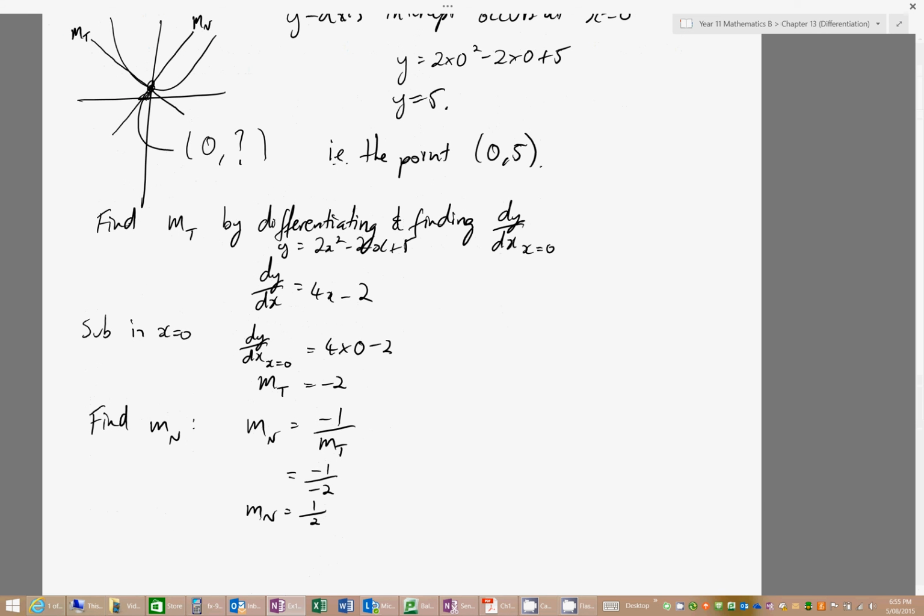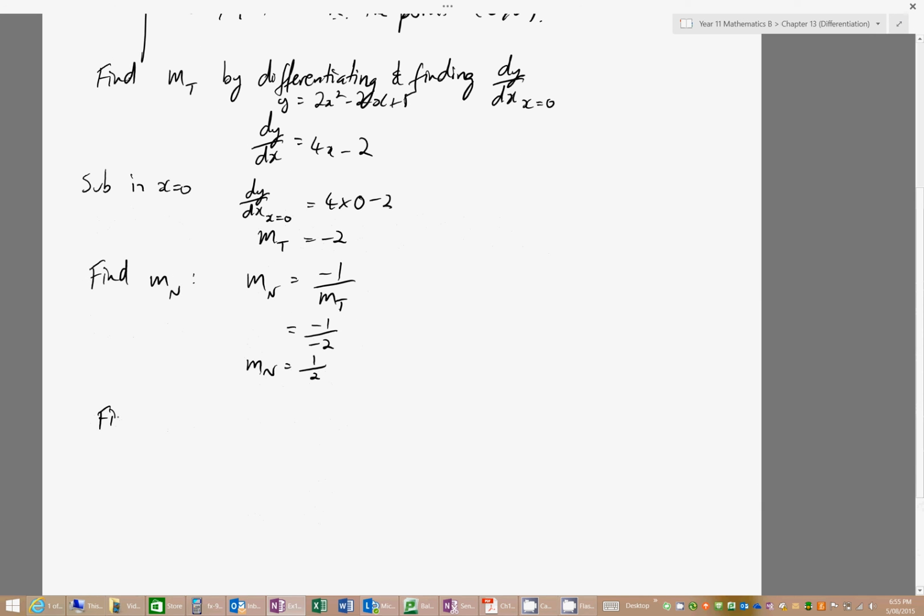Alright, so to find the equation of the line, I need the gradient and a point. Find equation of the line, m equals a half, and the point (0, 5). I'll just sub this into y equals mx plus c.